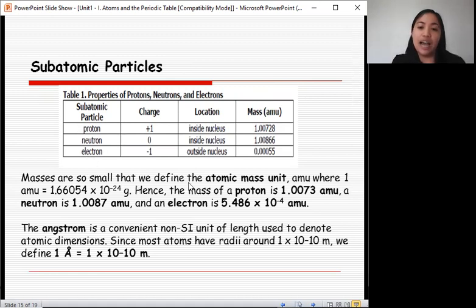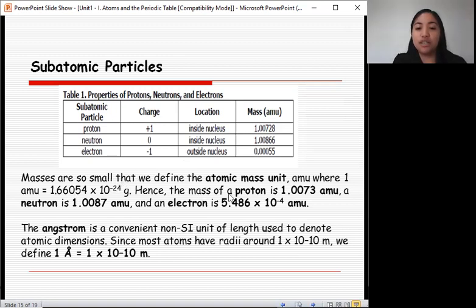That is why ilahang nga gigamit is atomic mass unit, which is 1 AMU is equal to 1.66054 times 10 to the negative 24 grams, which is very, very small. Diba? Kay negative 24 man siya.